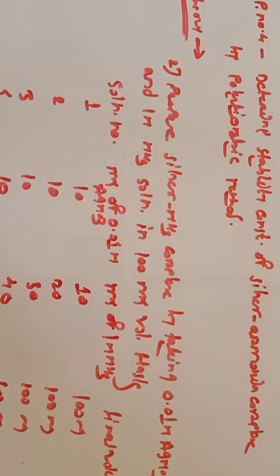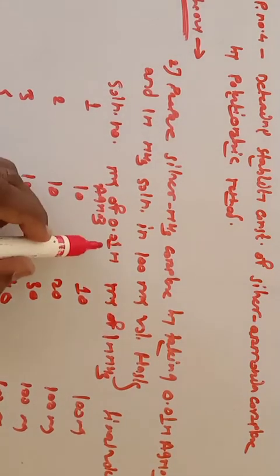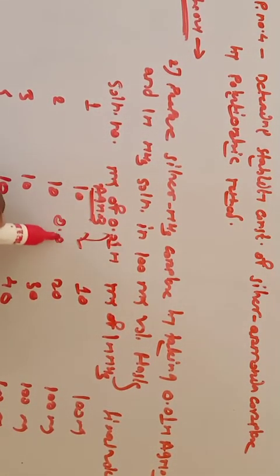And prepare the cell. We already discussed preparing the cell, because after diluting the 0.01 normal AgNO3 solution to 100 ml, its concentration becomes 0.001 normal. You have to prepare the cell such as silver in 0.001 normal AgNO3, salt bridge, that is your C1, and the silver ion in complex, that is your C2.